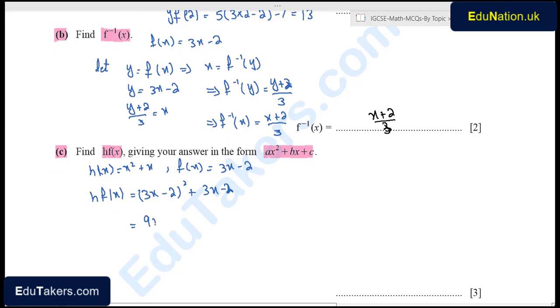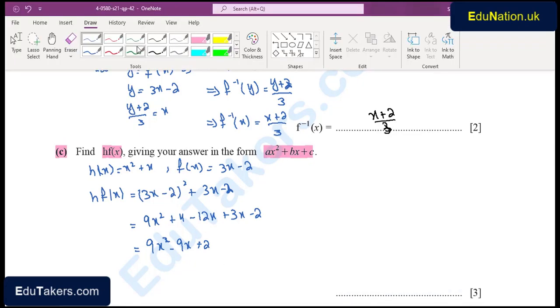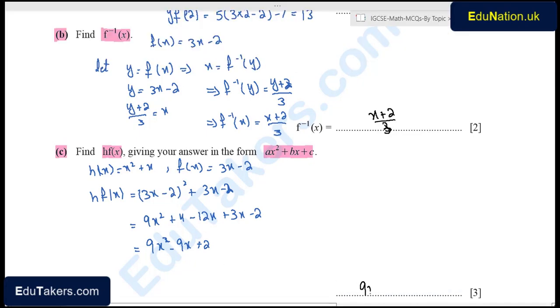Opening the square, 9x square plus 2 square is 4, and minus 2 times 2 is 4, and 4 times 3 is 12, so 12x, plus 3x minus 2 is equal to 9x square minus 9x plus 2. 9x square minus 9x plus 2.